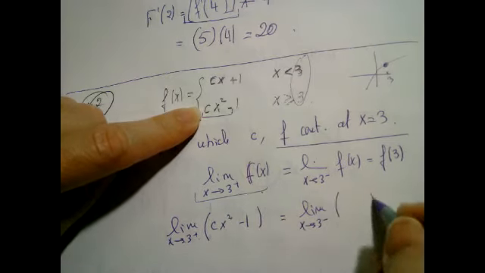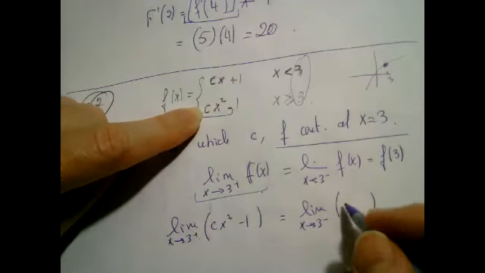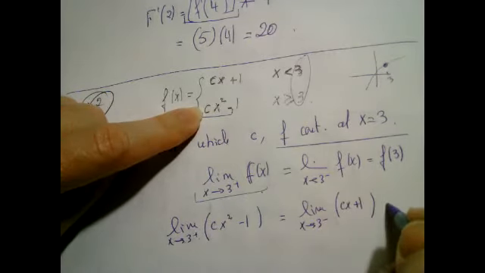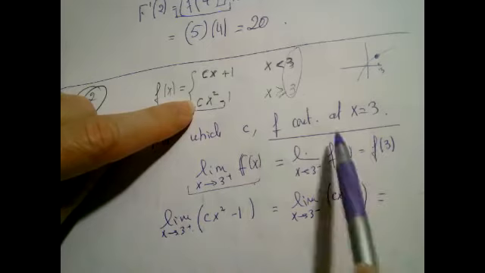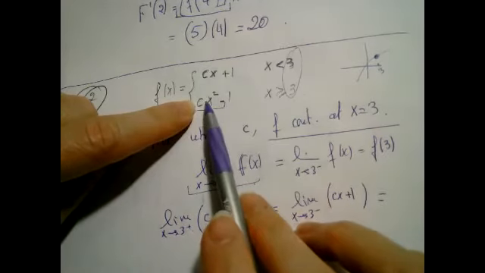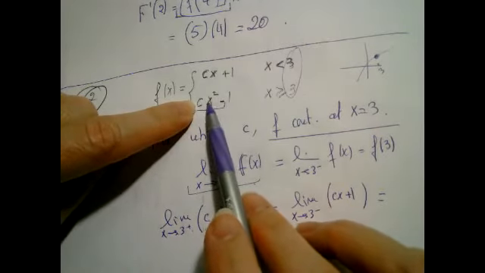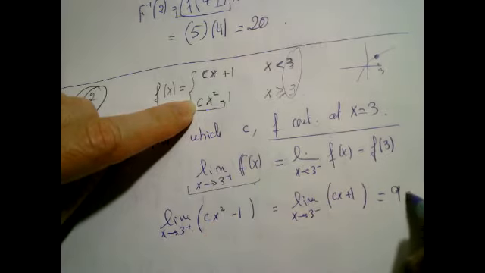From the negative, f of x is cx plus 1. And f of 3, I put 3 here, I get 9c plus 1.